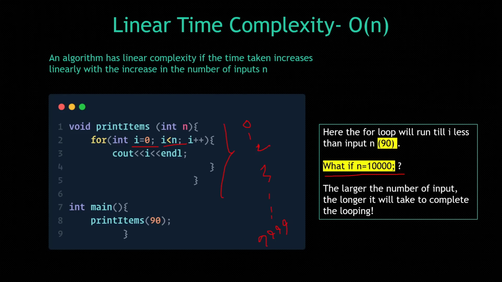So we can say the larger the number of inputs, the longer it will take to complete the looping. Here, time is proportional to input size. The runtime of this program depends on input size n. So we can say the complexity of this program is O(n).